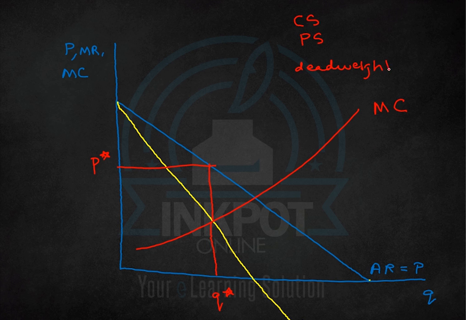Basically, the way we'll define deadweight loss is here: if there is any lost surplus, in the sense that any consumer is interested in buying the unit at a higher price than the marginal cost but is still not able to do so. Right?